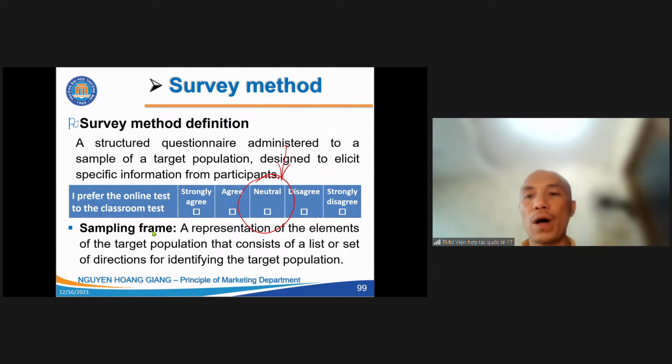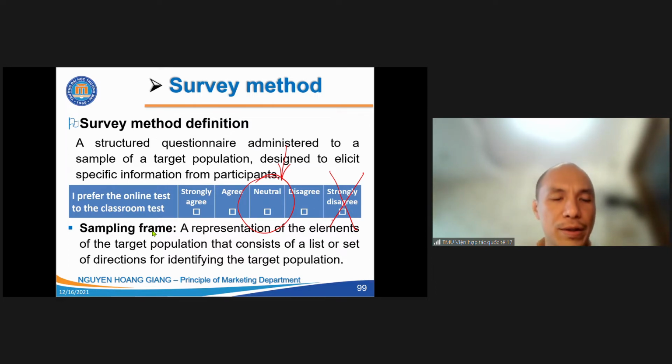Otherwise, if you only use 4 choices or 2 or 6, then we can't determine where the middle is. It's exactly the middle.